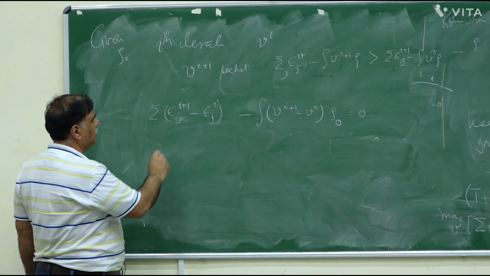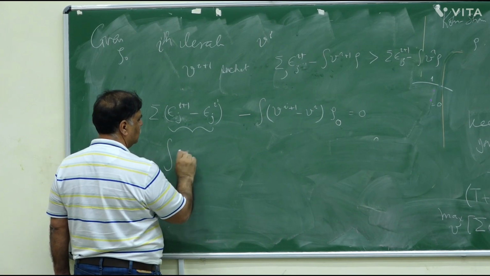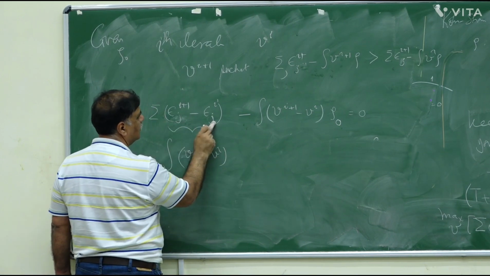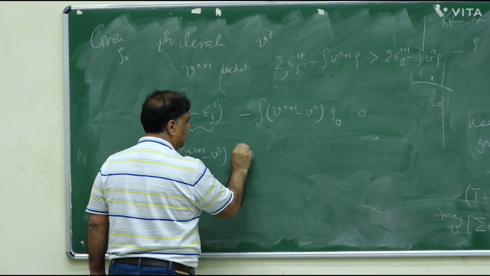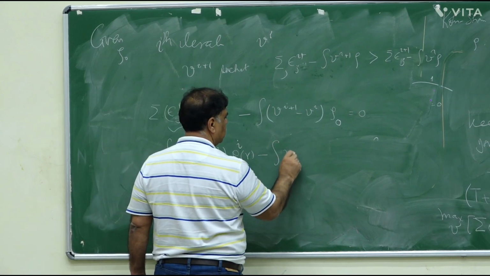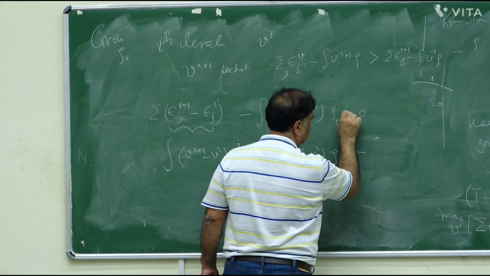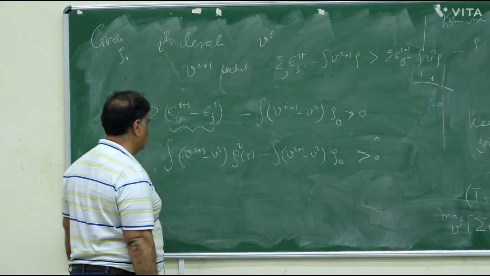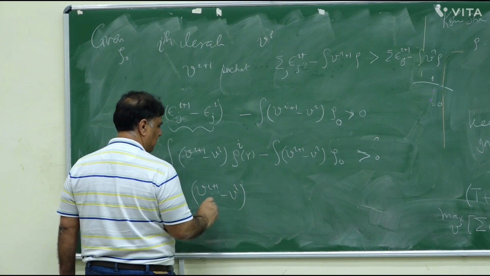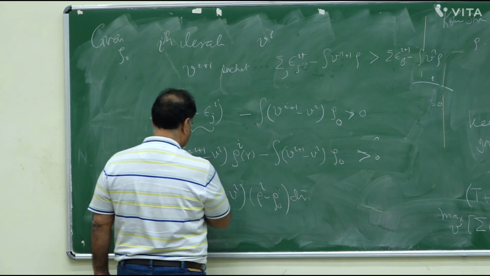Now, if I change V_i slightly by perturbation theory, I can write this as the integral of delta V, that is V_{i+1} minus V_i, times mod phi squared summed over occupied orbitals, which gives me rho_i(r), minus the integral of (V_{i+1} minus V_i) rho 0. And this gives you the integral of (V_{i+1} minus V_i)(rho_i minus rho_0) dr greater than 0.